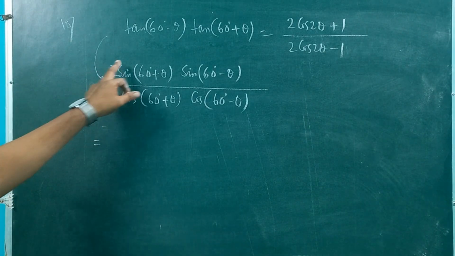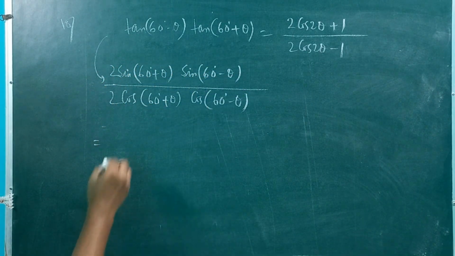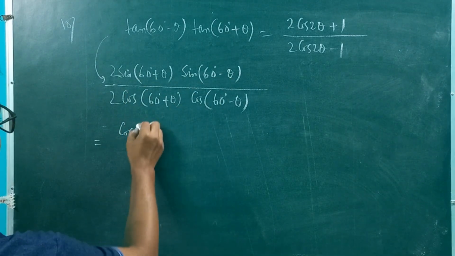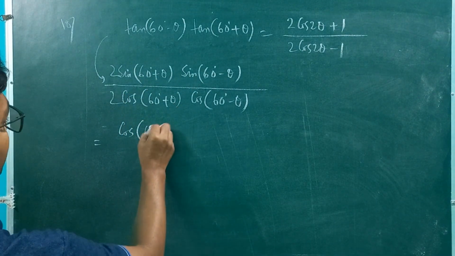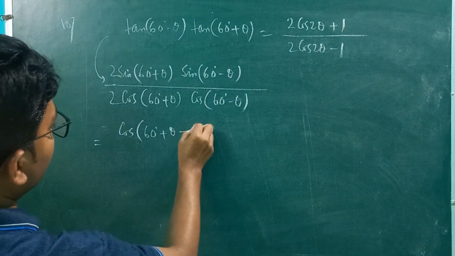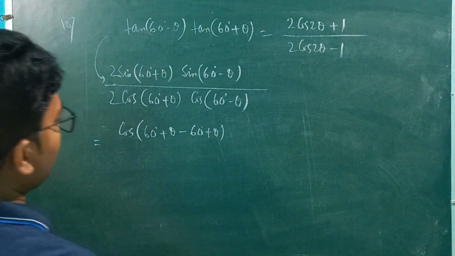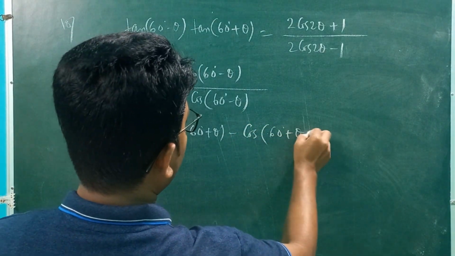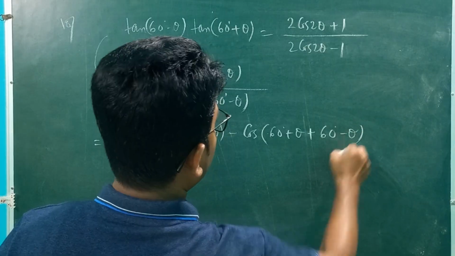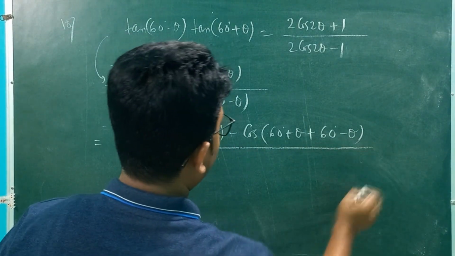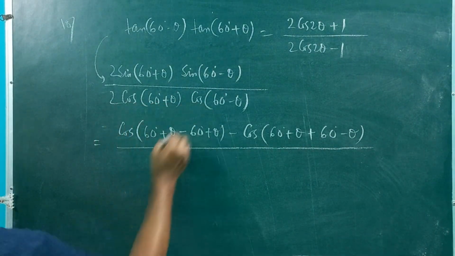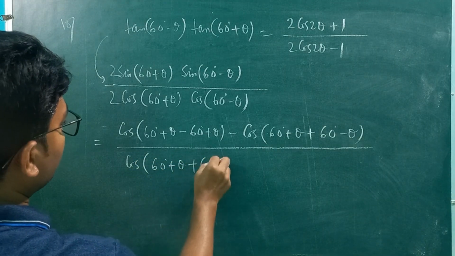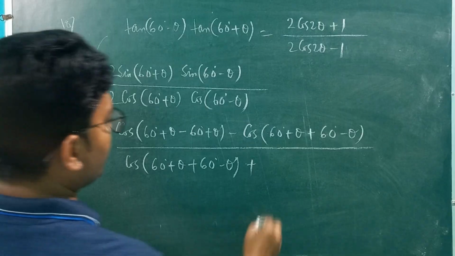So this one is 2 sin A sin B, which is cos A minus B, this minus this, 60 plus theta minus 60 minus theta, minus cos A plus B, 60 plus theta plus 60 minus theta. This one, 2 cos A cos B, is cos A plus B plus cos A minus B.